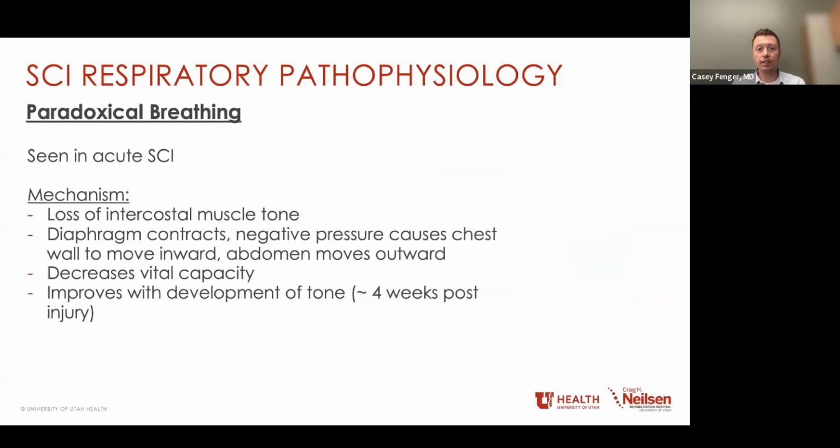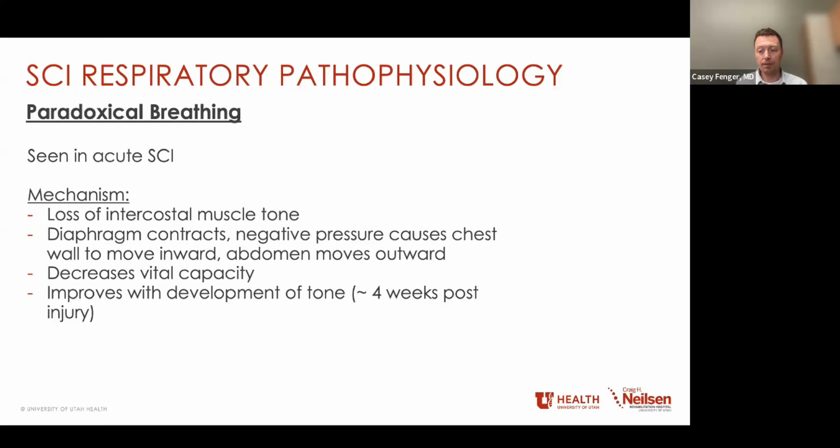A big reason this happens is paradoxical breathing. So in an acute injury, we lose tone and innervation to our intercostal muscles. And our intercostal muscles really keep our chest wall intact, provide it structure. So what happens when we lose that tone is your diaphragm contracts to pull in a deep breath, and your chest wall can't hold the chest out, and so your chest collapses in.